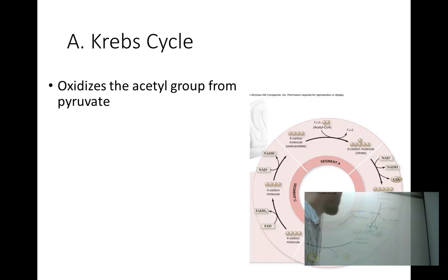Okay, so after you have this acetyl-CoA from pyruvate through pyruvate oxidation, you then go through the Krebs cycle, which occurs in the matrix within the intermembrane.